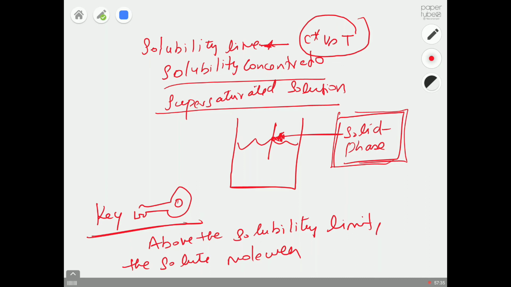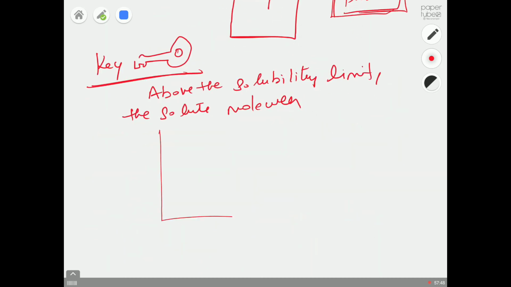So the molecules which are present in excess to that of the solubility concentration, they will come together and make a solid phase. So what do I mean by that?